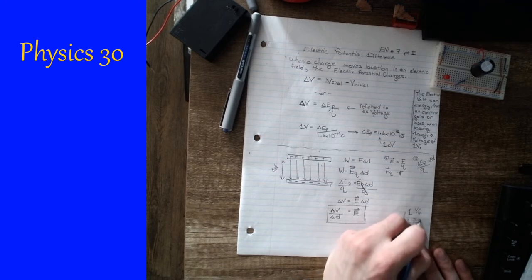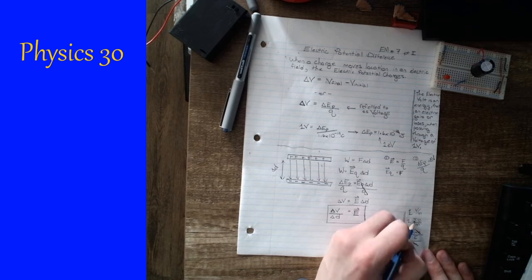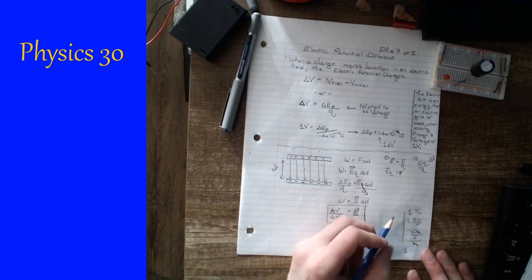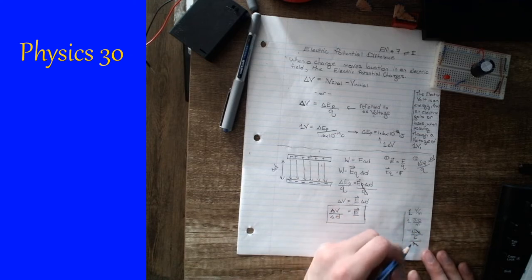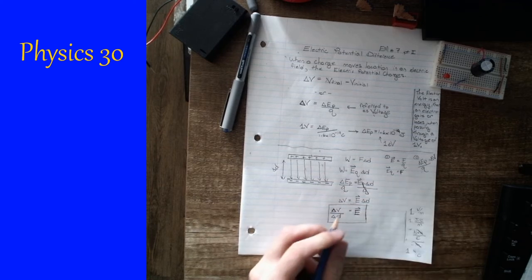Right, because it's a joule per coulomb per meter, and a joule is a Newton meter. And so therefore we have Newton per coulomb.